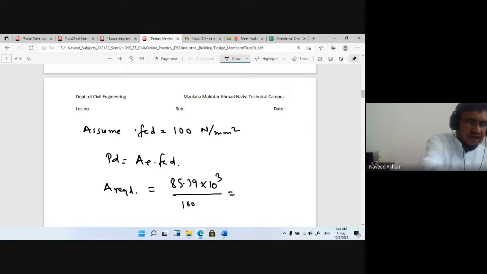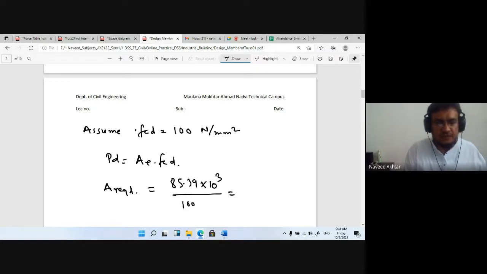So 85.39 into 10 raised to power 3 divided by 100, it is 853.9 mm square. Okay. Now you have to select the section based on this area.